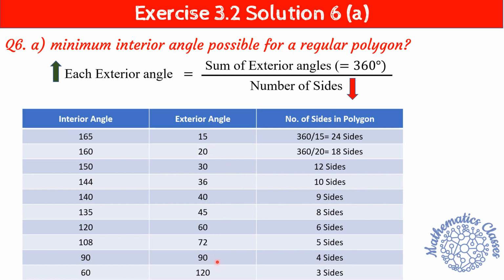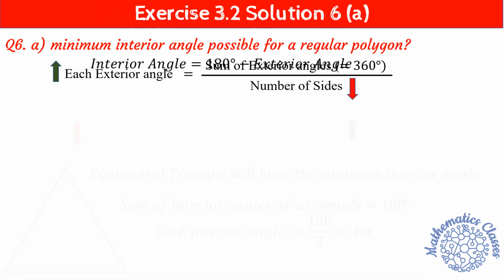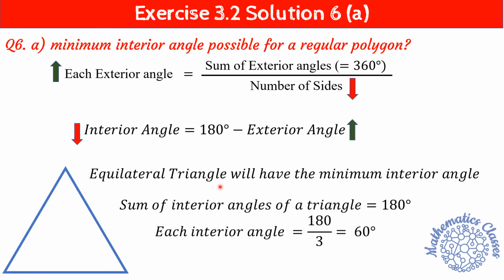If you do this carefully, you get a regular polygon with 3 sides for the minimum value of interior angle. This, also known as an equilateral triangle, will have the least possible interior angle, since the sum of interior angles of a triangle equals 180 degree. Each interior angle equals 180 divided by 3, that is 60 degree.